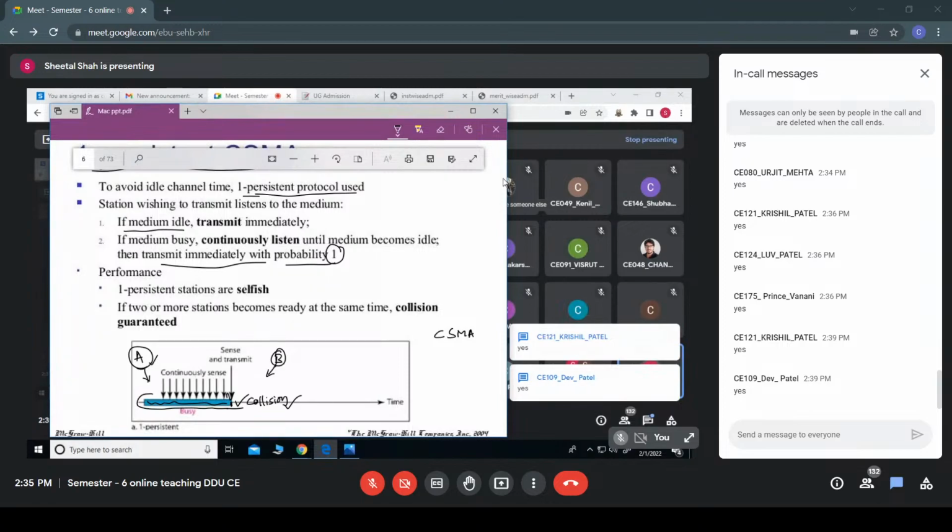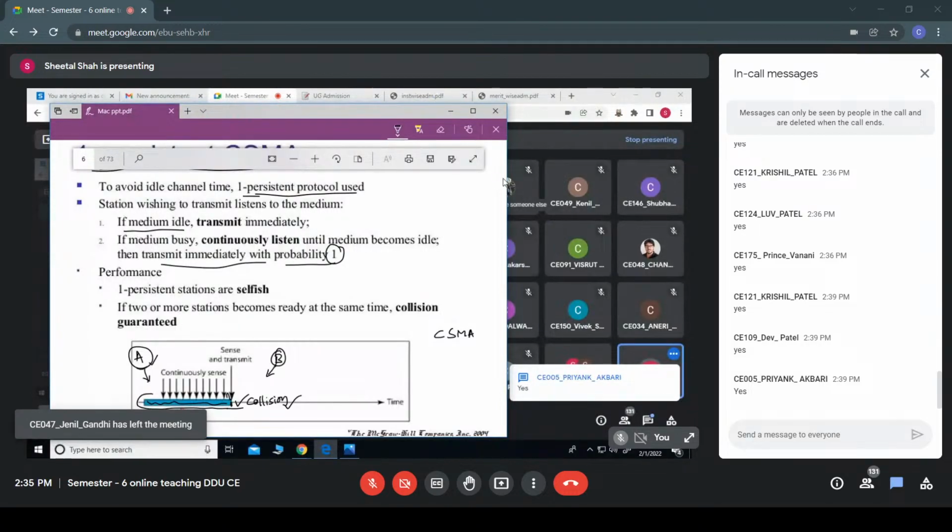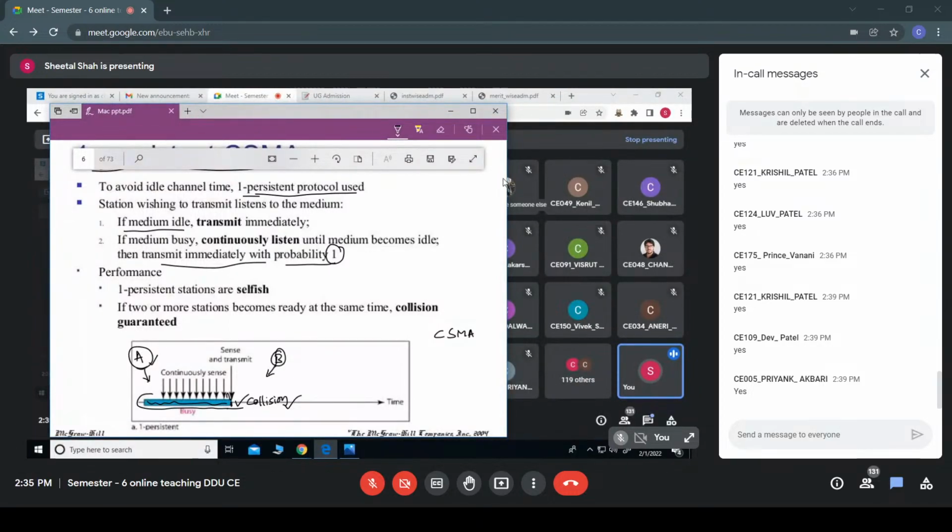Okay. So if more than one station wants to transmit a certain frame through the channel, both of them are continuously sensing the channel. In case the channel is busy, both of them are waiting till the channel becomes idle. And as soon as the channel becomes idle, if more than one station is there, both of them start transmitting through that channel.